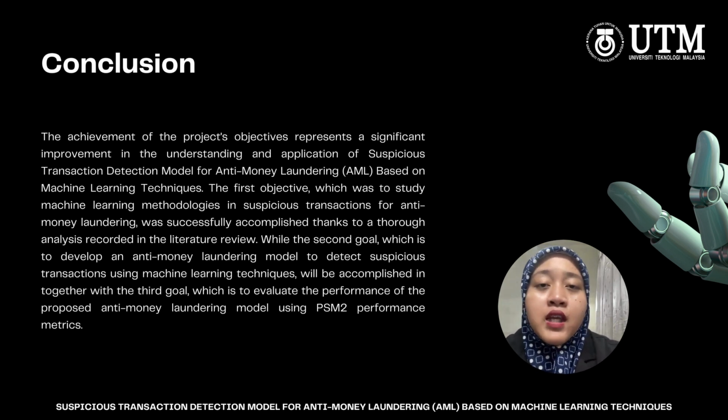As for the second and third objectives, I will continue in PSM2, which is to develop a prototype for machine learning, and then to evaluate the performance metrics of each machine learning model. And all I can say is I hope for better improvement of myself, and I will put more effort into this research.